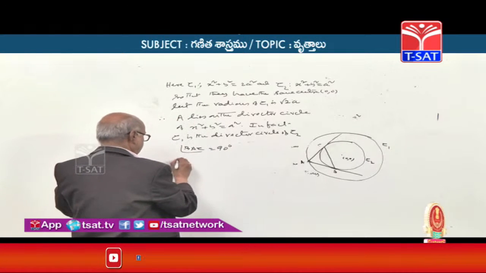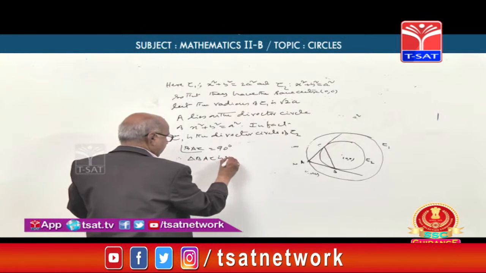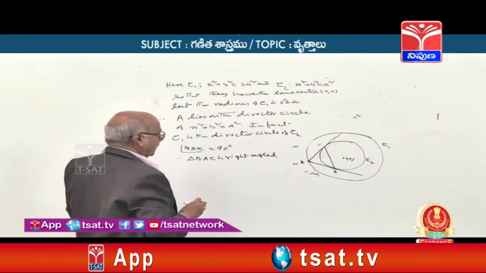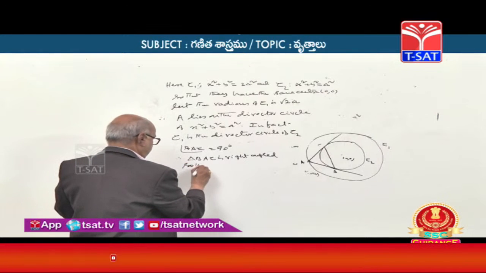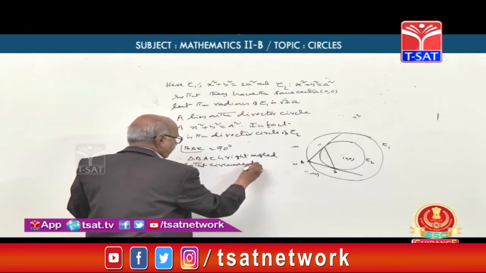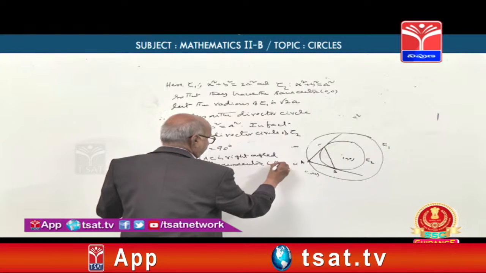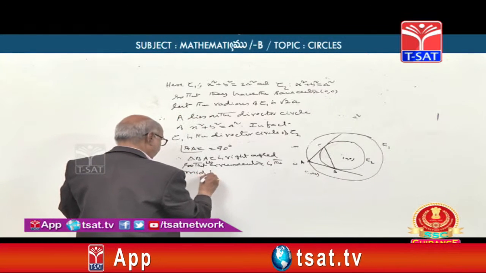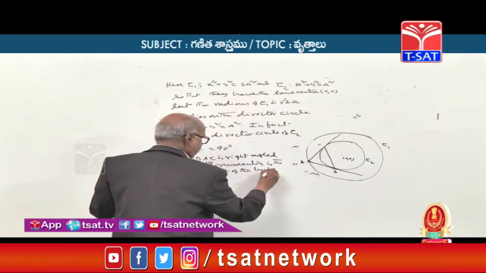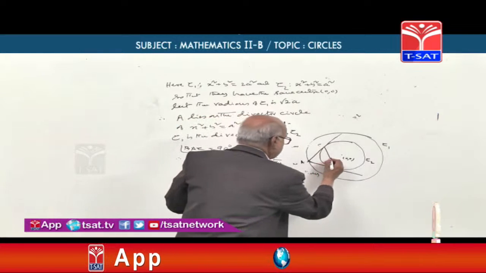So, that means triangle BAC is right angled, so its circumcenter is the midpoint of the hypotenuse BC.